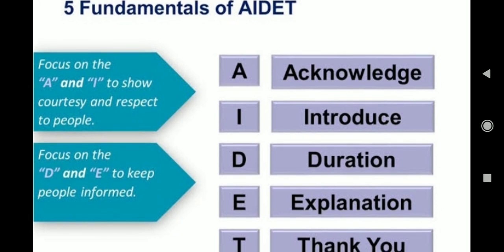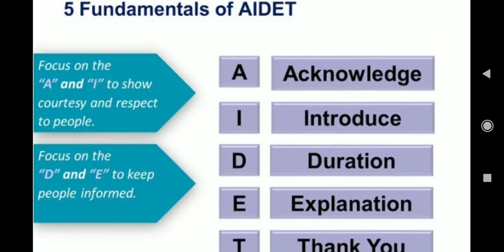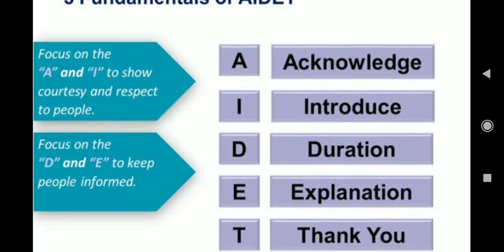D for duration. You should always tell the patient how much duration of stay is required in the hospital, if at all hospitalization is required, and why hospitalization is required. It is for their own benefit and their own health recovery. Also, if you are doing a daycare treatment and you send the blood sample for investigation, you should tell the approximate time when the report is going to come, 6 hours or by evening, something like that.